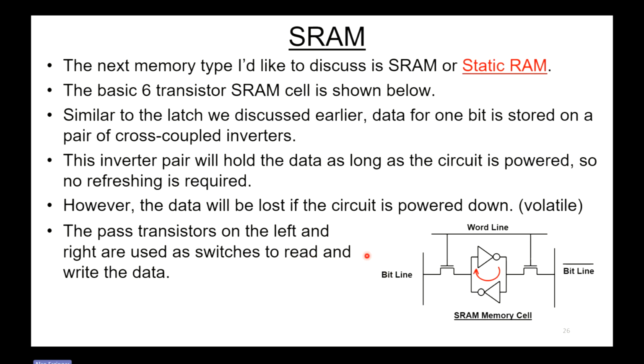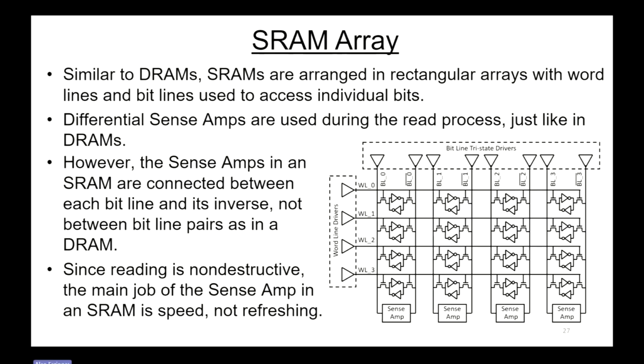And again, like I said, the pass transistors on the left and right are used as switches for reading and writing the data. So similar to DRAMs, SRAMs are arranged in a rectangular array with word lines and bit lines used to access individual bits.